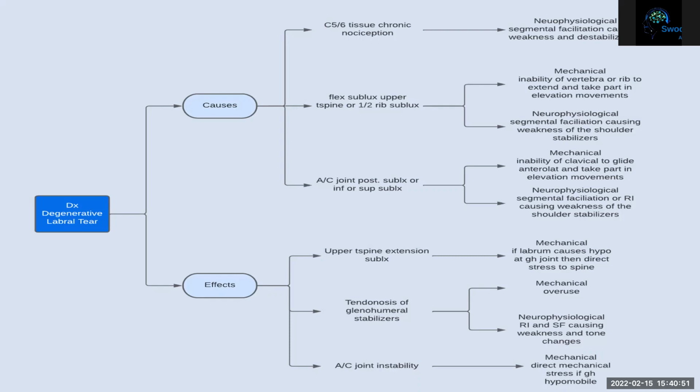You can also cause tendinosis of the glenohumeral stabilizers by mechanical overuse, because the shoulder is unstable. These things may work harder trying to stabilize it. Or it can be neurophysiological with reflex inhibition, segmental facilitation, again causing weakness and tone changes.